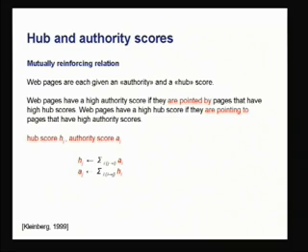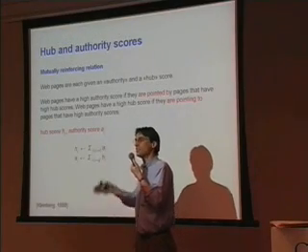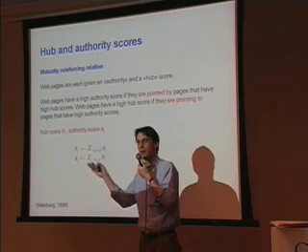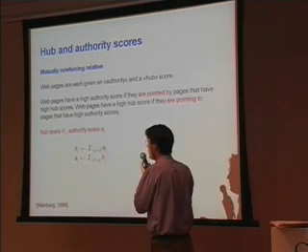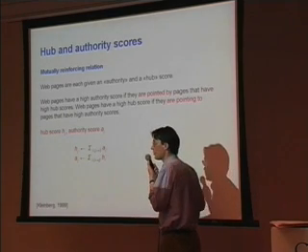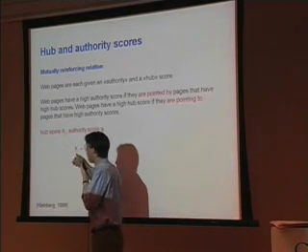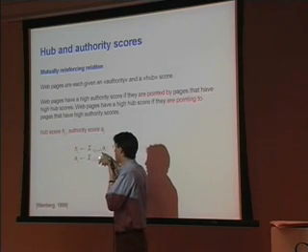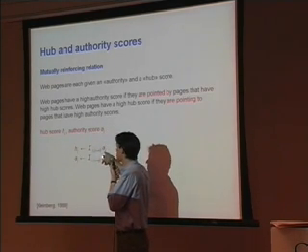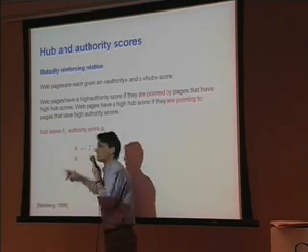So how do you start and how do you resolve the fact that this is a circular definition? One way of doing this is to assign the same hub score and authority score to all pages at the start, and then iterate this little linear update. The hub score of page J gets the sum of the authority scores of the pages J is pointing to.